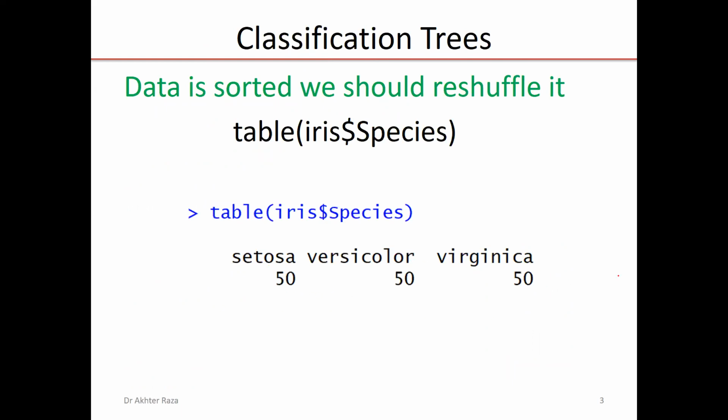So this is called a frequency distribution of the iris data set with the help of the species variable. We have 3 categories: Setosa, versicolor, virginica. These are the 3 categories in which we have to classify the data with the help of the 4 attributes: sepal length, sepal width, petal length, petal width.